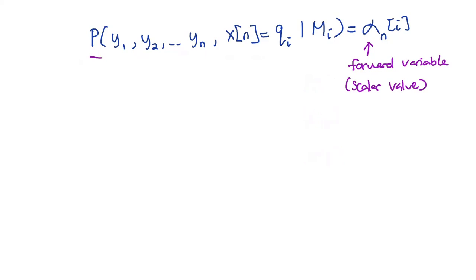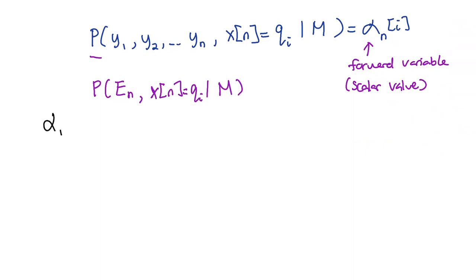And again, this takes forever to write. So what we want to do is write it like this. I'm going to drop the i because, again, it's tedious to write the different Mi's. But you know that this thing exists for different Mi's. Obviously, this forward variable exists for every time, right?